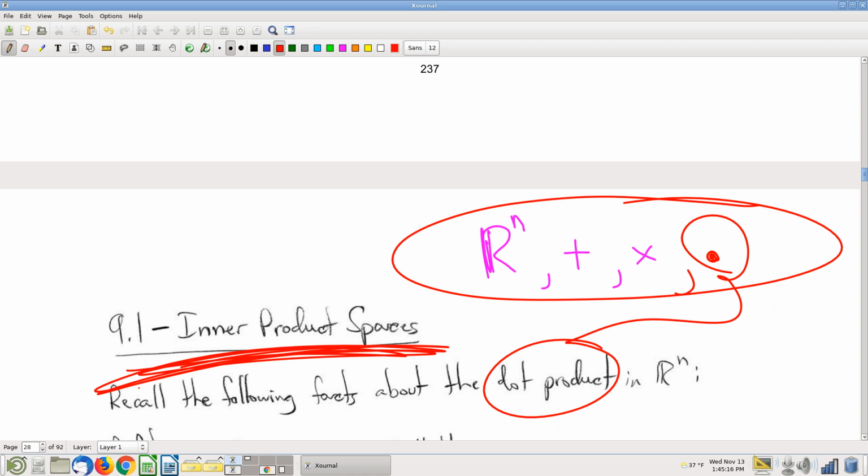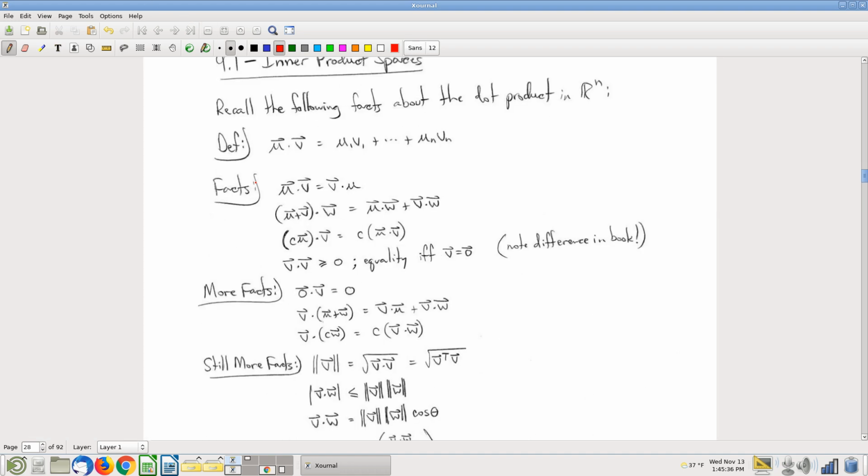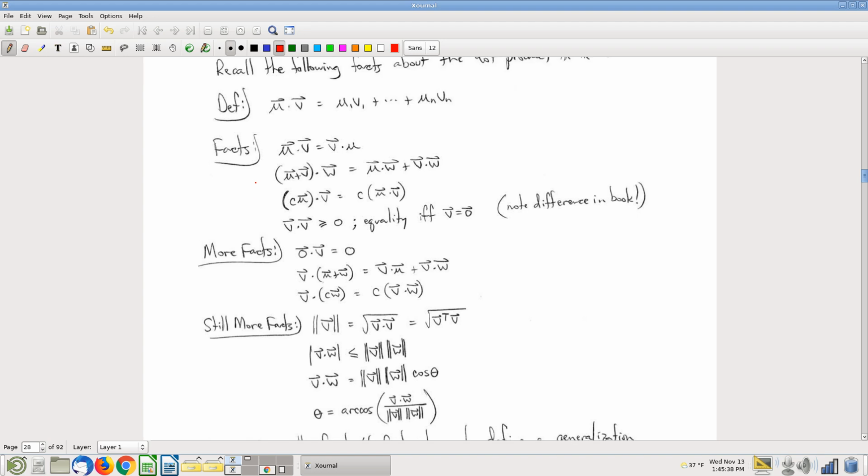And we're just going to add in one additional operation that behaves, morally, in some sense that we will make precise, like the dot product. Okay, all right, so let's look down at the properties of the dot product that we already know. Here's a long list of properties of the dot product.